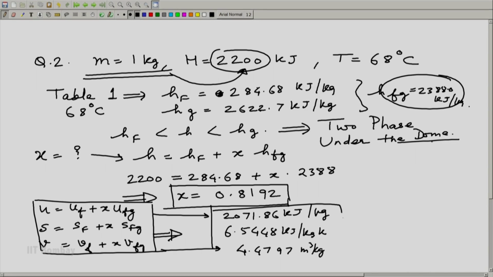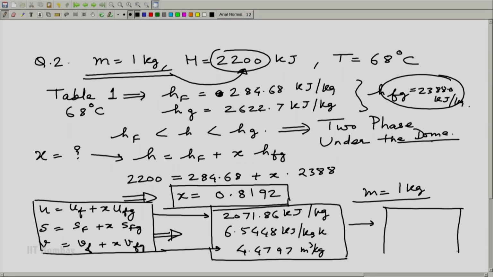And now I know that we are again talking about mass is equal to 1 kg, alright, and therefore the same table will come as values for this. So we will have 2077.8, 6.54 and 4.47 meter cube, kilojoule per Kelvin and kilojoules as the final answers. This value, just to correct, this is 2338, and similarly I can use 2338 here.